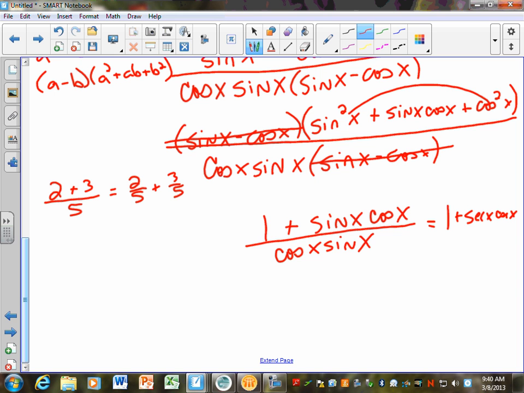We just normally want to put it together, not break it apart. But if you have things over one denominator, you could separate that as 1 over cosine of x sine of x plus sine of x cosine of x over cosine of x sine of x. Again, I don't know what that's really called, but I call it like undoing a common denominator, like we're separating it back into two fractions.